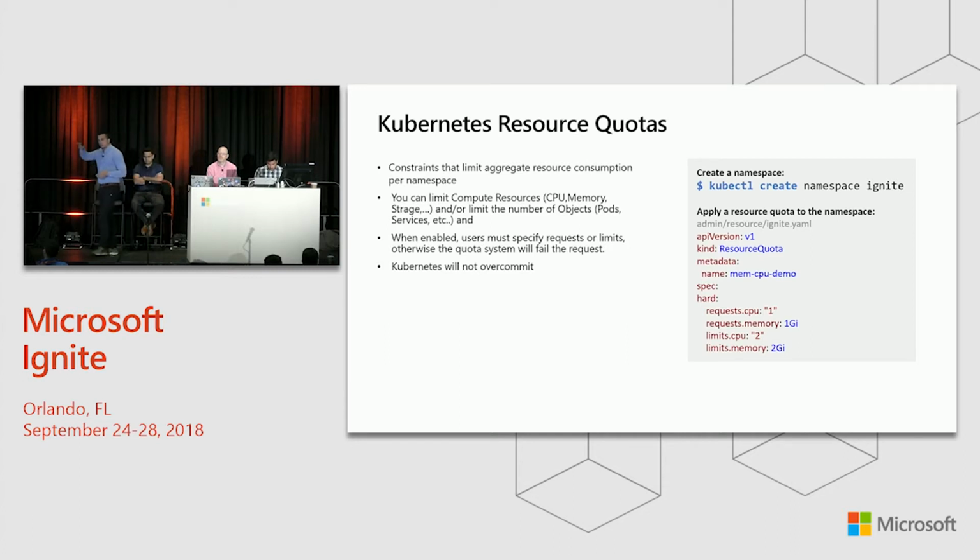If they violated the quota, then they're going to get 403 forbidden, and they will be advised to go and apply resource limits. Lastly, Kubernetes will never overcommit. So the sum of your requests to your Kubernetes cluster should equal the sum of resources in the Kubernetes cluster, which means if you have 10 gig of RAM available in your cluster, you cannot request more than that. There is no overcommit in Kubernetes, right?